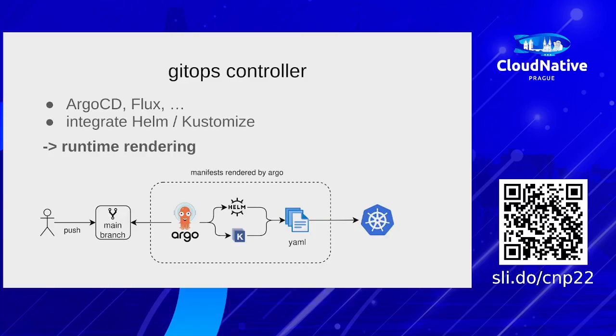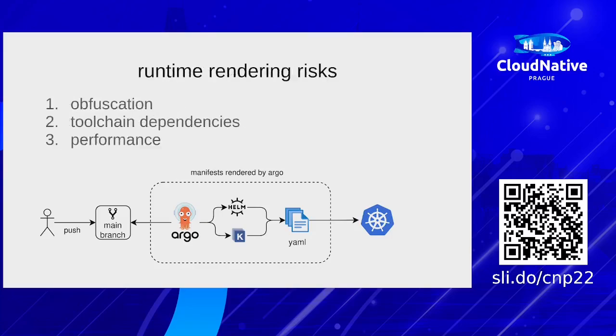And then it deploys it against the Kubernetes API. This is what we will call runtime rendering. And we will discuss some problems it can bring. I will mention three of them: first is obfuscation, then toolchain dependencies, and performance.